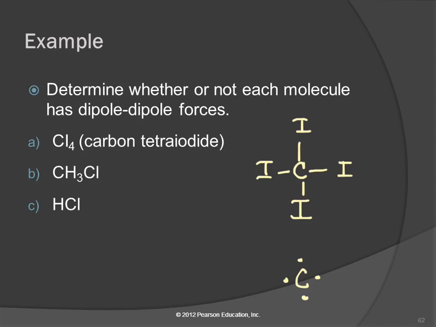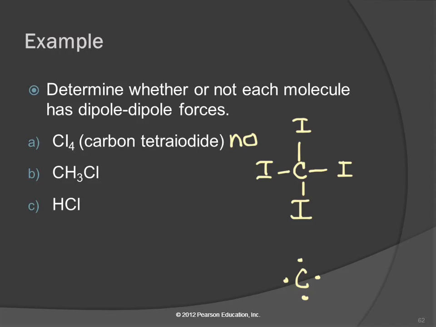And so it's going to form 4 bonds. Those 4 bonds are going to satisfy the octet, and there's going to be no lone pairs. So carbon tetraiodide is nonpolar. Does it have dipole-dipole forces? No. Only polar molecules have dipole-dipole forces.